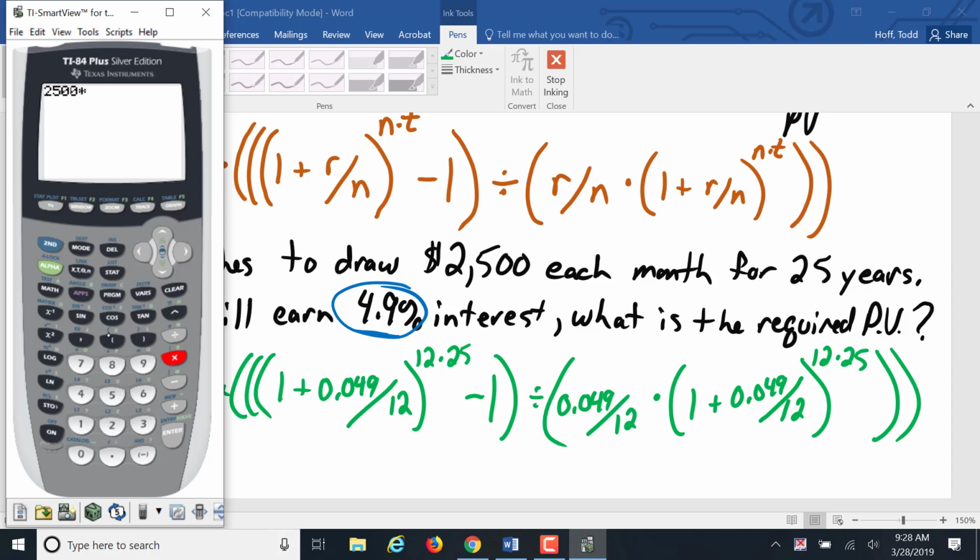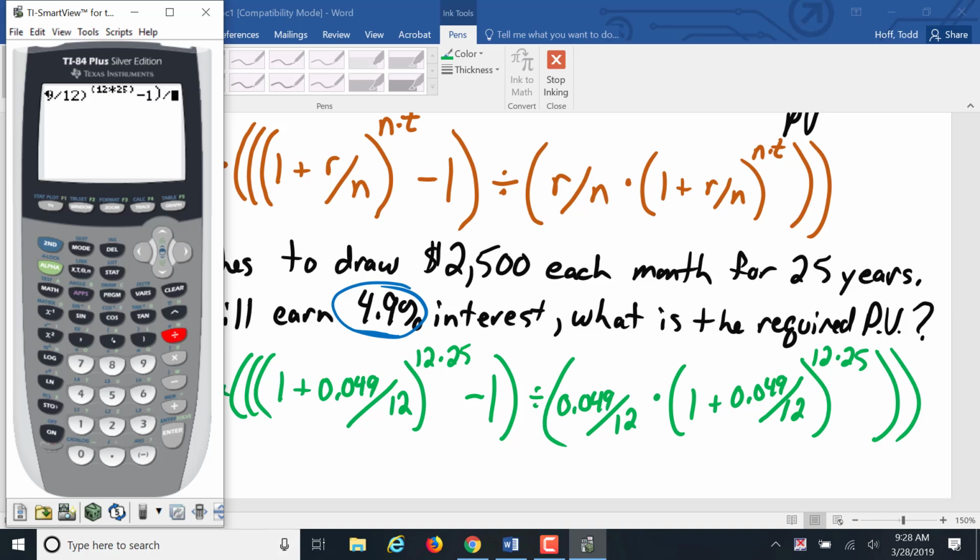So 2,500 times 1, 2, 3 open parentheses. 1 plus 0.049 divided by 12. Close our parentheses to the power of, and in parentheses here, I'm going to put 12 times 25. Close the parentheses and arrow out of that power. Minus 1.